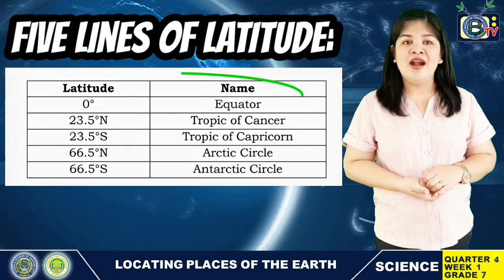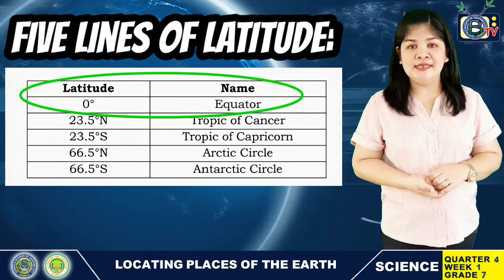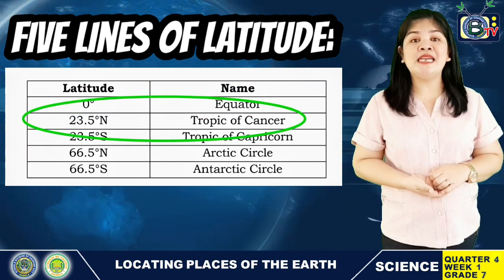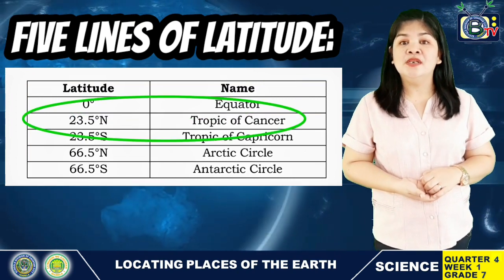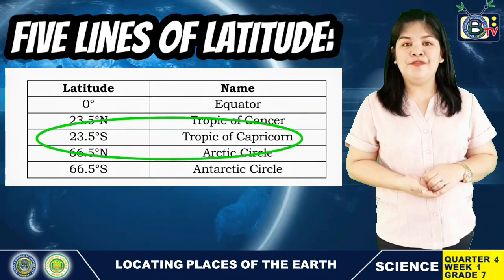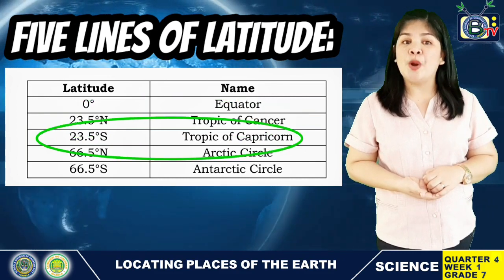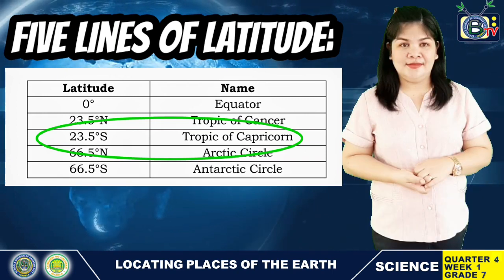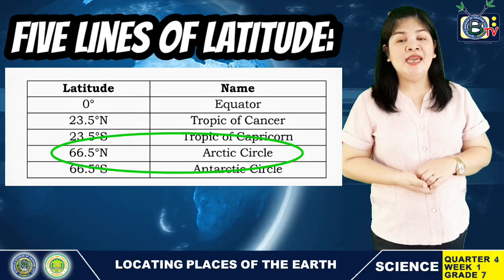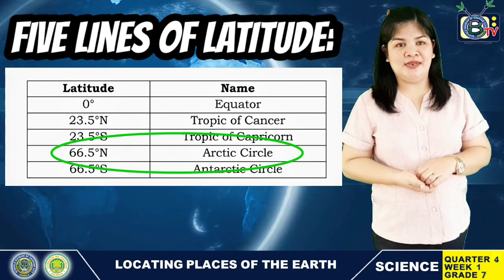They are: at latitude 0 degrees, it is named equator. At latitude 23.5 degrees north, Tropic of Cancer. At latitude 23.5 degrees south, Tropic of Capricorn. At latitude 66.5 degrees north, its name is Arctic Circle.